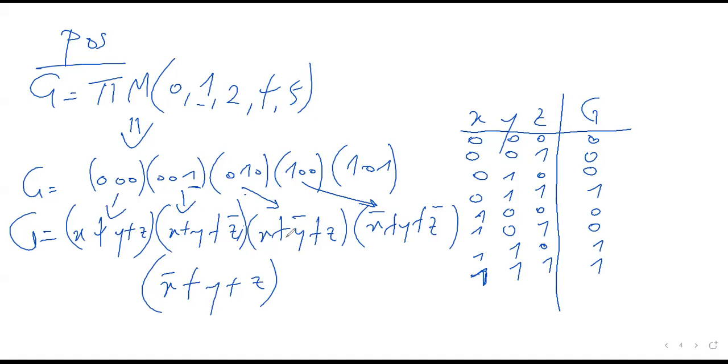There we are. We have our product of sums. Two types of representations.